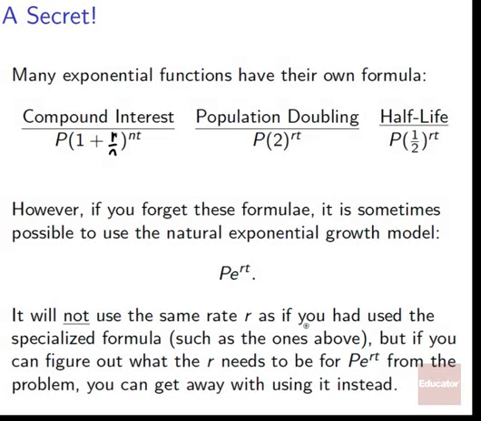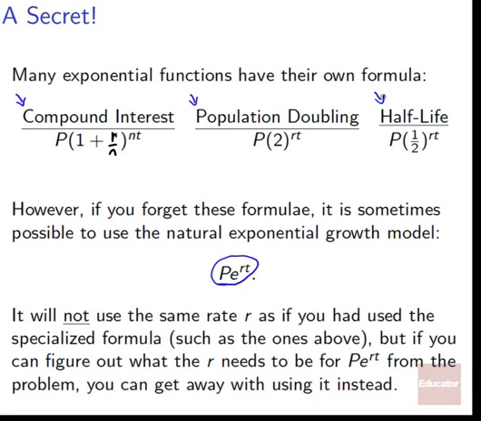However, if you forget all these formulas, and there are even more than just these, it's sometimes possible to use the natural exponential growth model. You can sometimes swap out any one of these more difficult to remember ones for good old PERT: P, the original starting amount, times e, the natural base, to the r times t, where r is the rate of the specific thing that we're modeling, times time. r will change depending on what you're modeling.